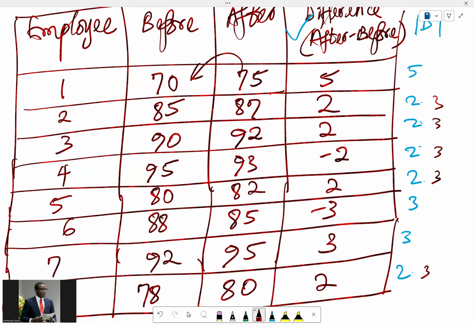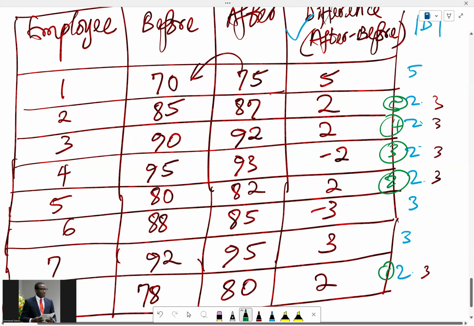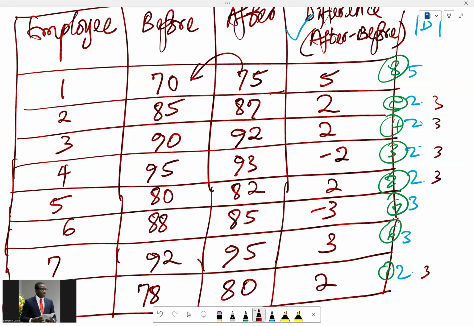Then let me do it this way. This is first, second, third, fourth, and fifth. So since you have two occupying positions 1 to 5, you have 1 plus 2, 3, 3 plus 3, 6, 6 plus 4, 10, 10 plus 5, 15 divided by 5, which is 3.